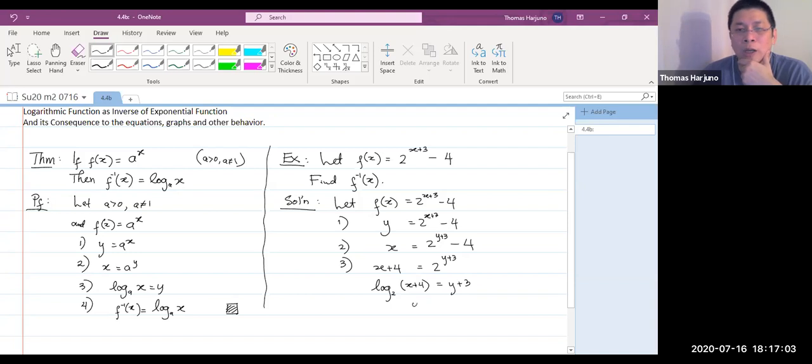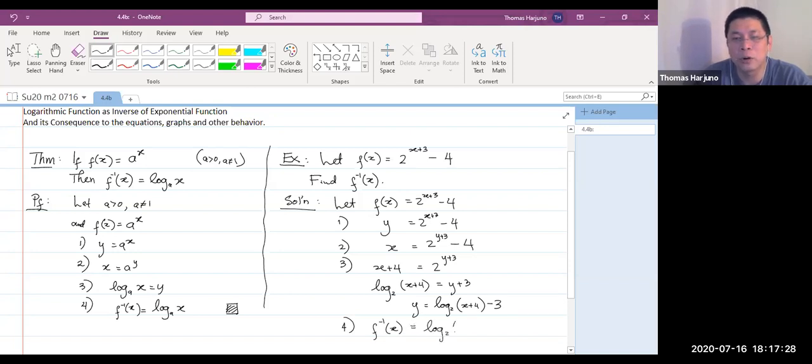So y is equal to log base 2 of (x plus 4) minus 3. And therefore step 4, f inverse of x equals log base 2 of (x plus 4) minus 3.